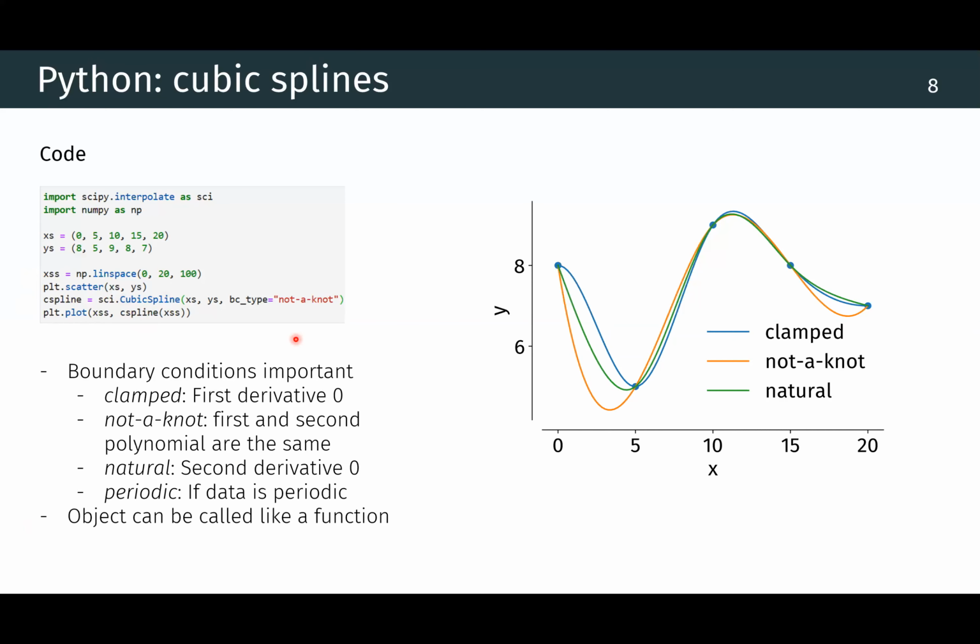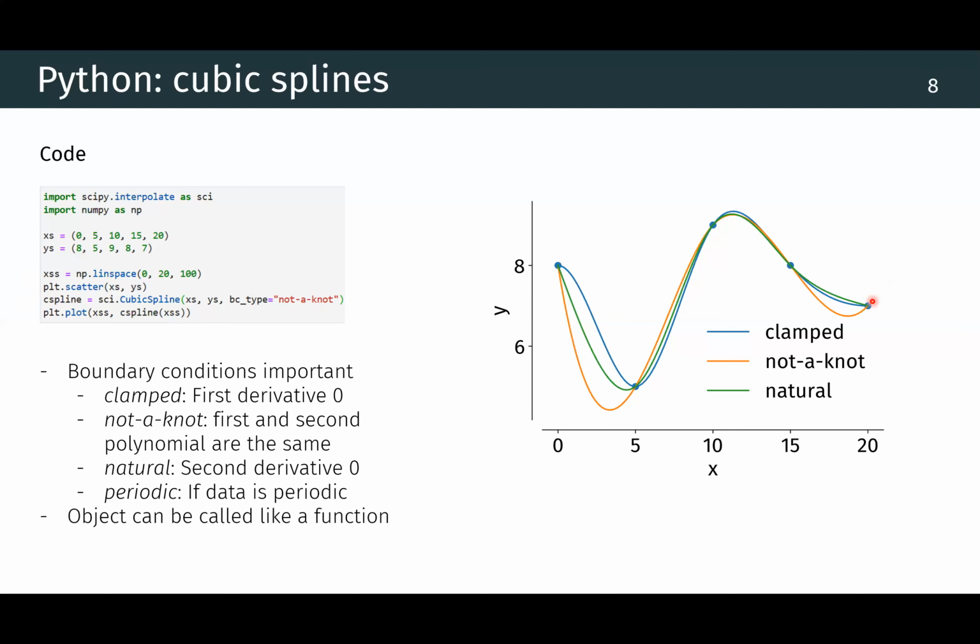Now, we haven't talked about this thing here, the boundary conditions. And the boundary conditions make sense if you think back to what an interpolation spline actually does. At each point, it matches the derivatives of the polynomial before to the derivatives of the polynomial after. But at the edges here, there is no polynomial before.